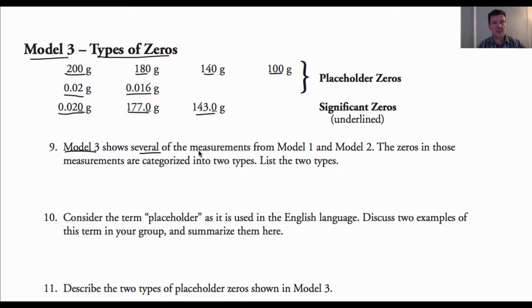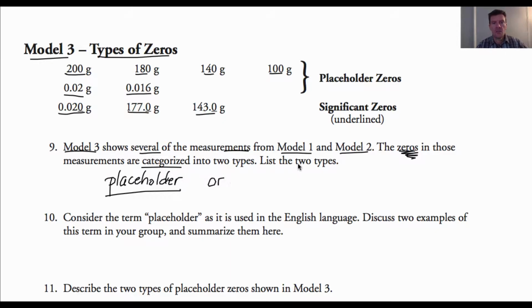Model 3 shows several of the measurements from Model 1 and Model 2. The zeros in those measurements are categorized into two types. List the two types. So either a 0 is going to just be a placeholder, meaning the 0 is just in the number so that all the other digits are in their appropriate location.